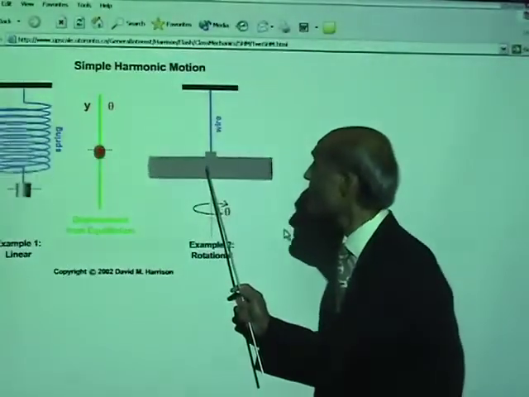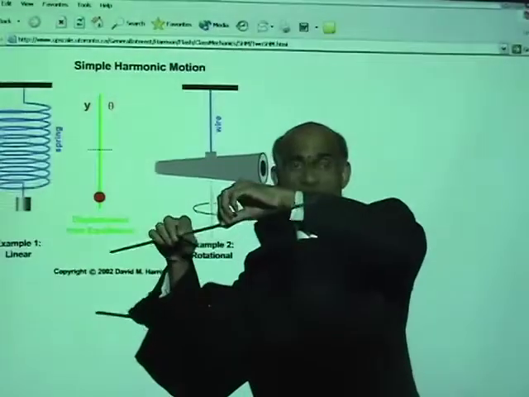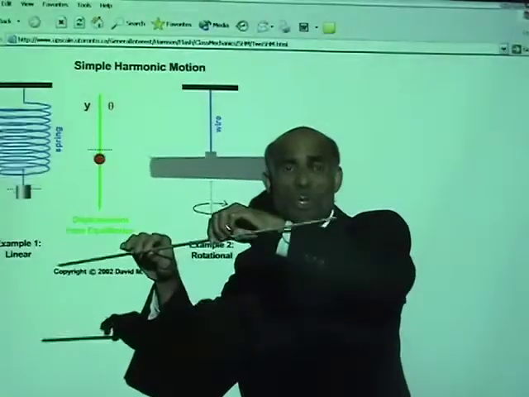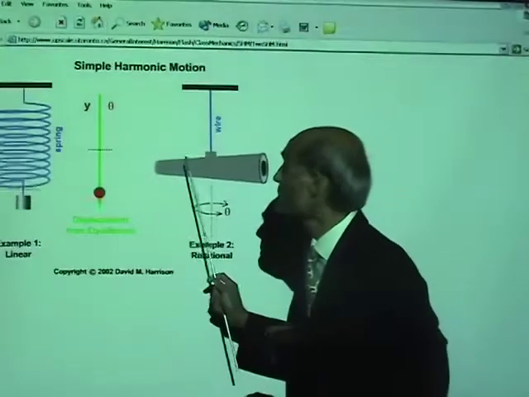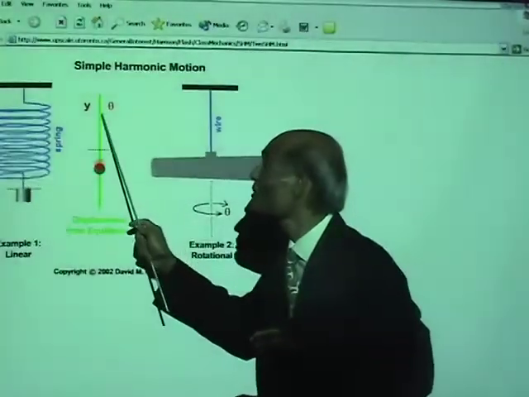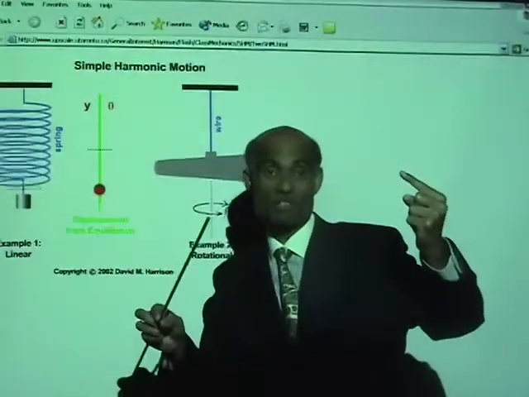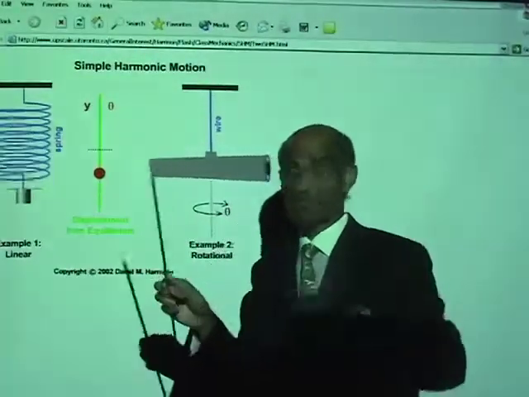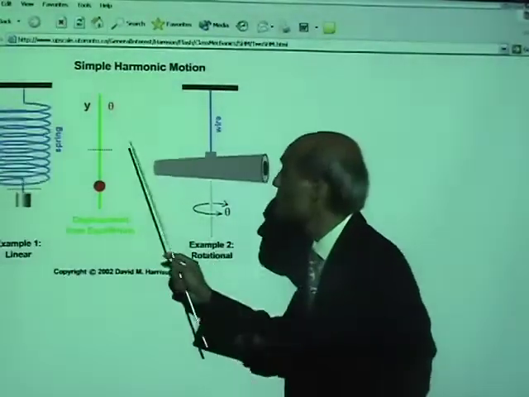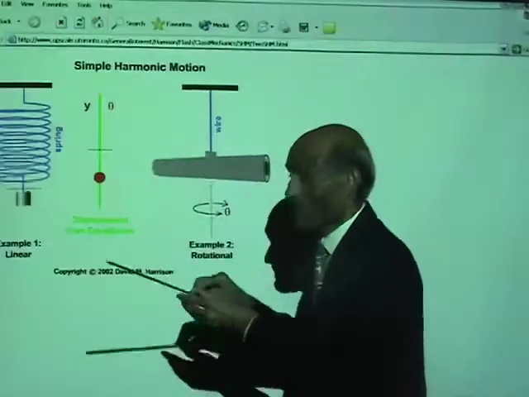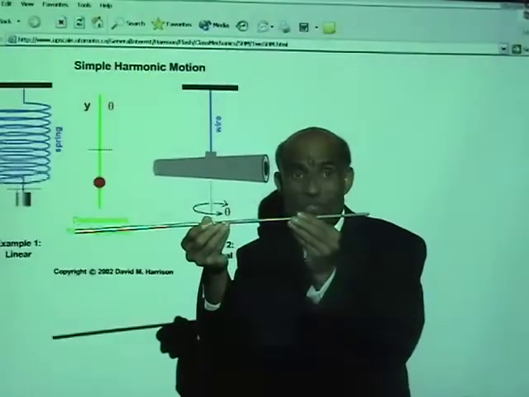Now look at another type of oscillation. Now this type of oscillation is called a torsional oscillation. A torsional oscillation. And the displacement here is angular displacement. If you remember, we talked about rotational motion in Physics 1. So torsion is actually rotation, and the displacement is angle theta. And angle theta is 0 at the equilibrium position.